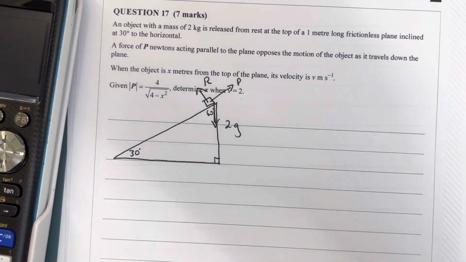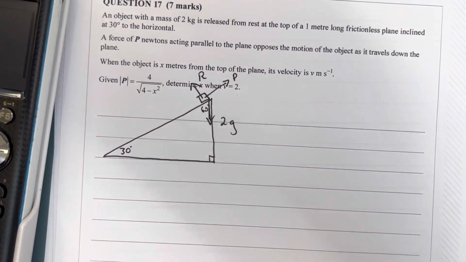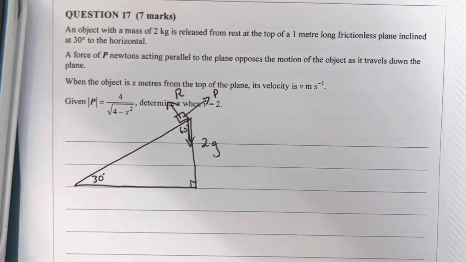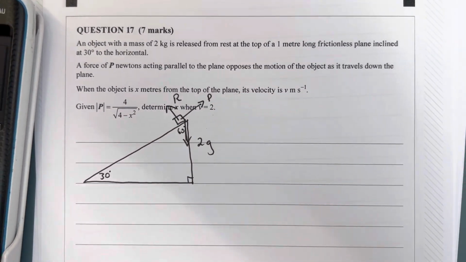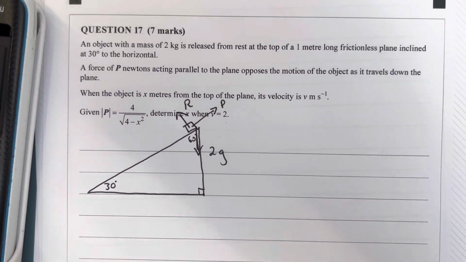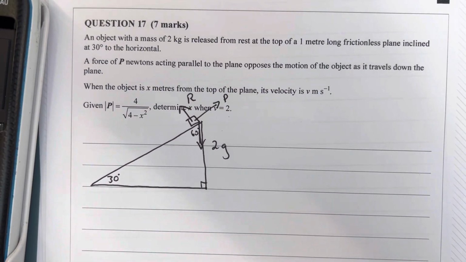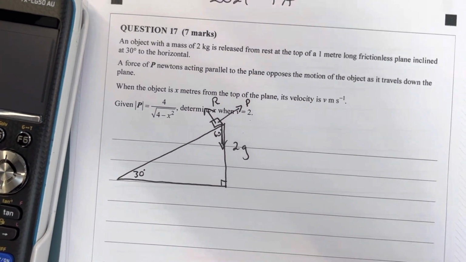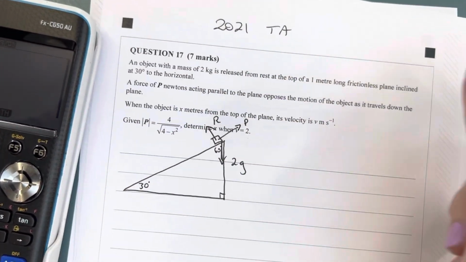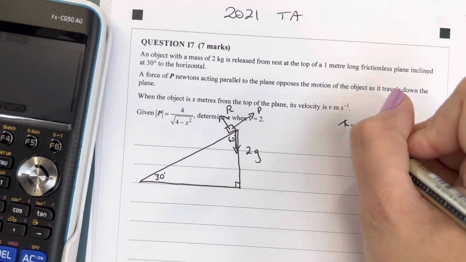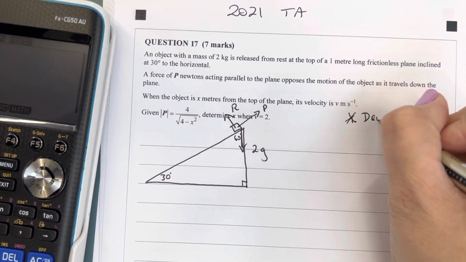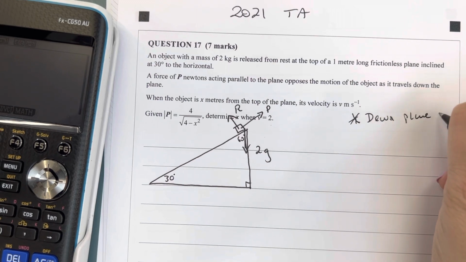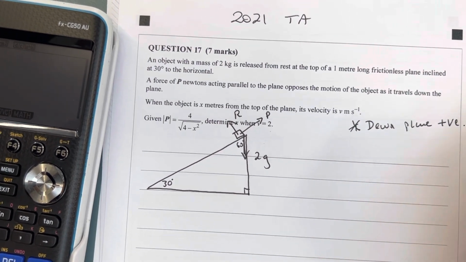So we want to know where it's positioned on the plane when v is 2. Now x is how many metres from the top of the plane. Working mine, I'm going to set down the plane as my positive direction.